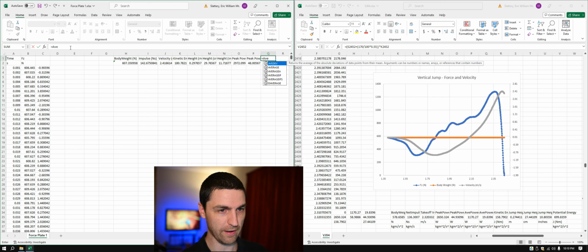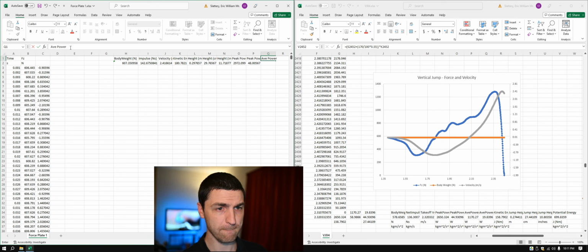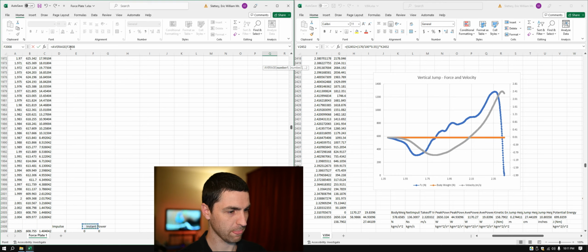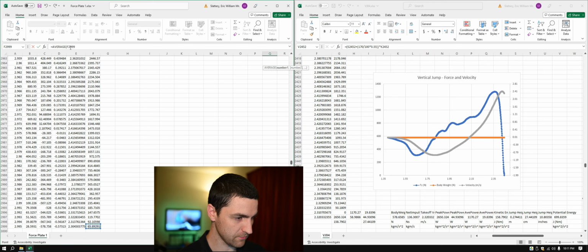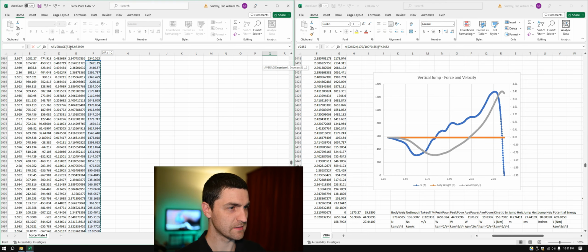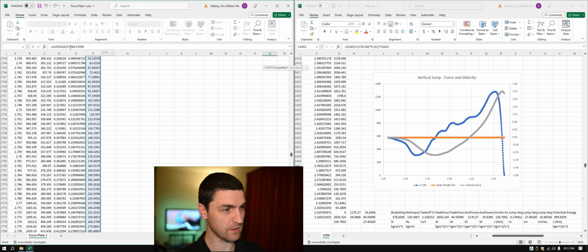So let's go ahead and do average power. Oh, whoops, I didn't mean that equal sign. Again, watts. This is only when it's positive. It's going to be quite a bit of numbers, but it will go eventually.